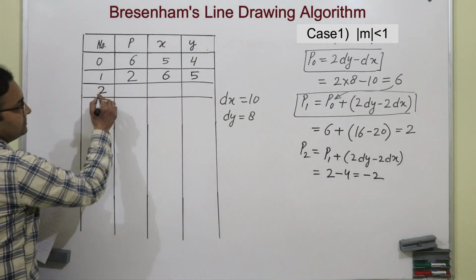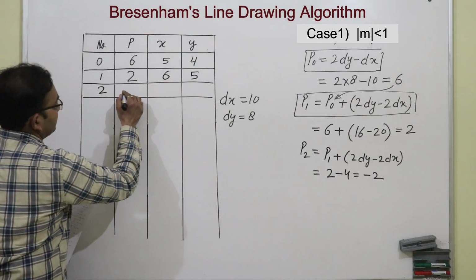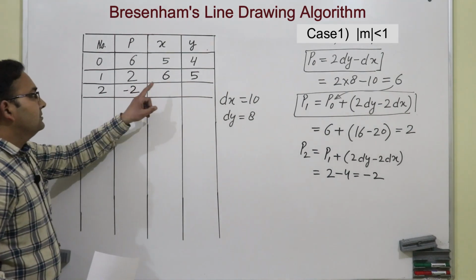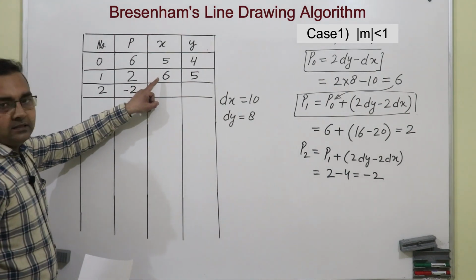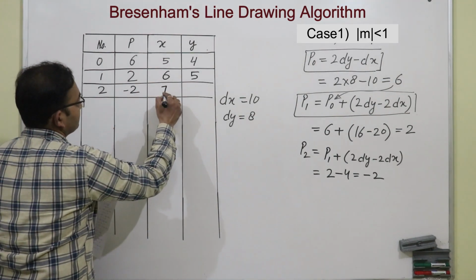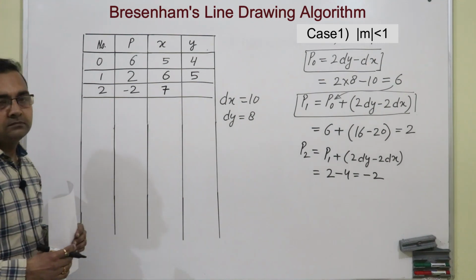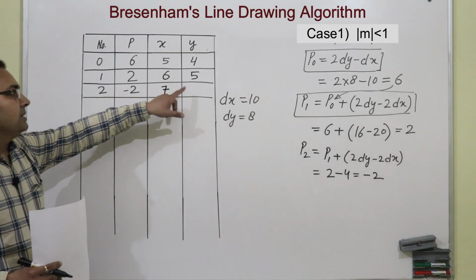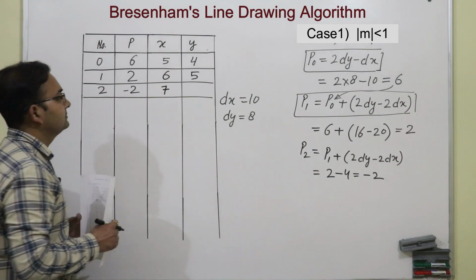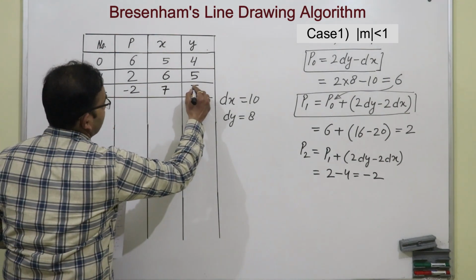So the value of P2 is minus 2. There will be an increment of 1 in x, it will be 7. And in y there will be no increment because it is negative. So it will be 5.